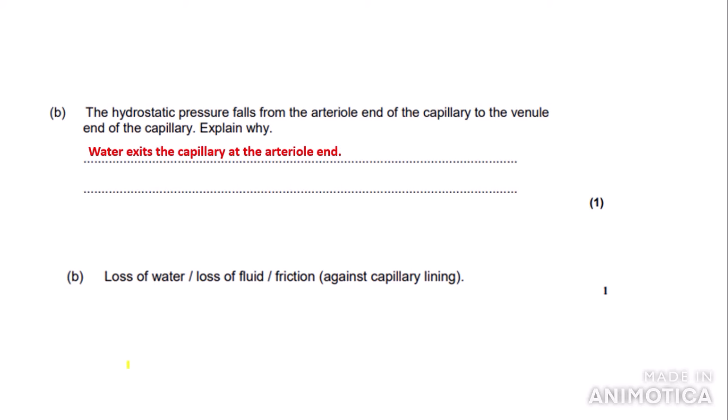So water exits the capillary at the arterial end. Now I put my answer relating to water, as hydrostatic pressure relates to the volume and the pressure that the water brings. And I've said at the arterial end, as this is where the water exits.